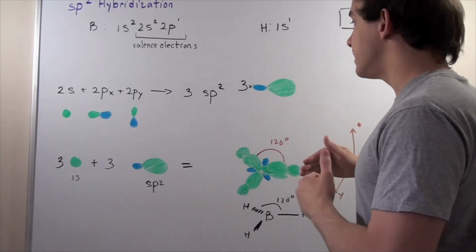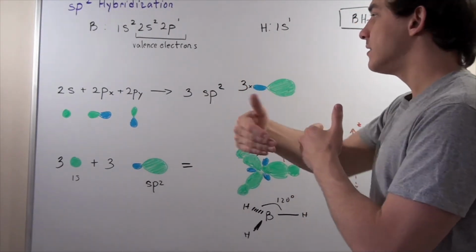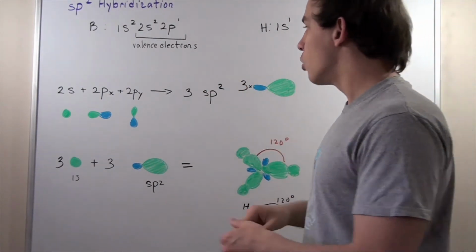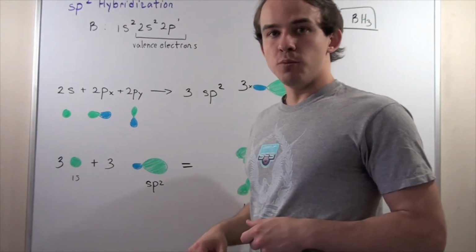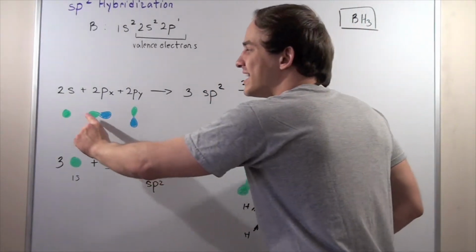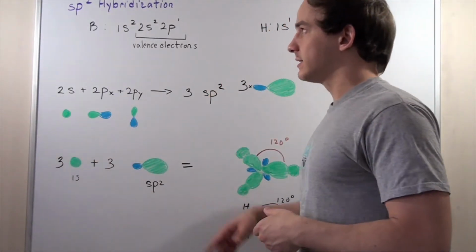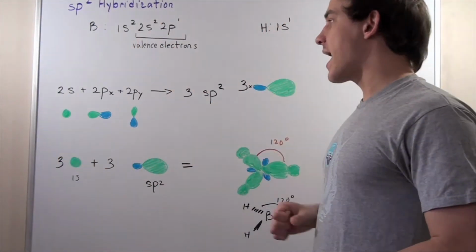The only difference is they all point in different directions. Because we're combining 2 2p orbitals and 1 2s orbital, we're going to have 66% p character and 33% s character.